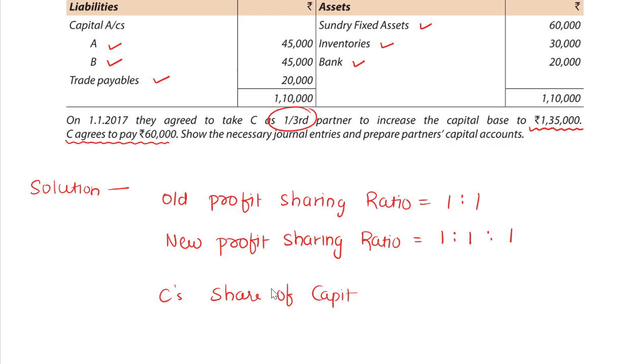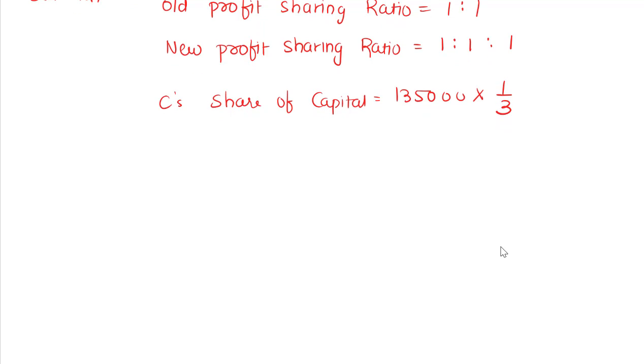C's share of capital, that is 1,35,000 multiplied by 1/3, is 45,000. Goodwill: C brought in 60,000, of which 45,000 is for capital.